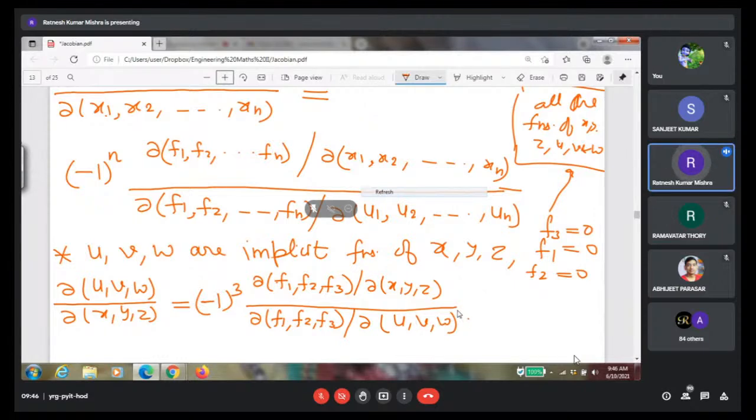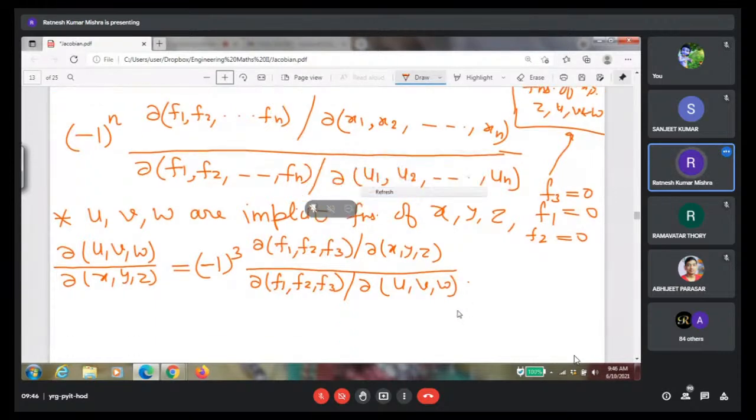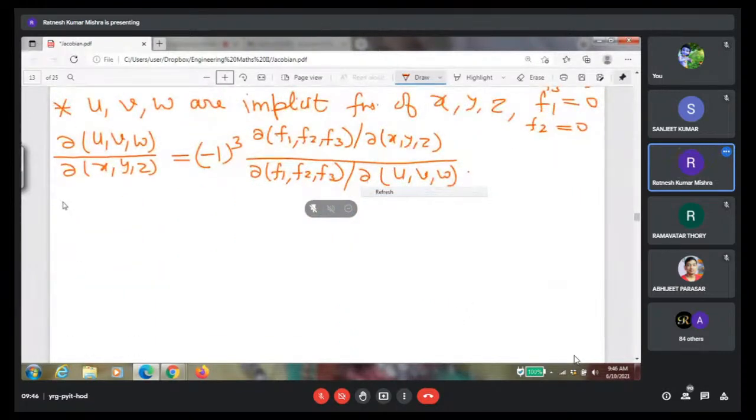So you can write the Jacobian of implicit function. So this is the example.